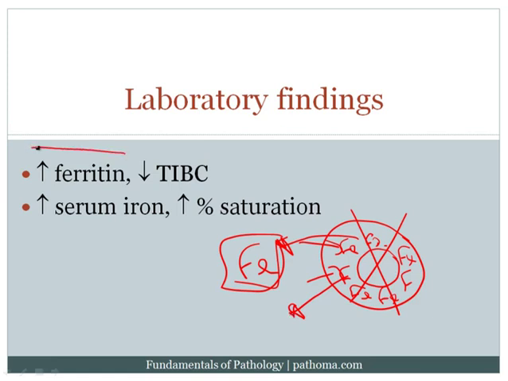These patients have a high ferritin because the bone marrow macrophages are going to store all of that iron that comes off from the dead erythroid precursors, and because the ferritin is high, the TIBC obviously would be low. And then at the same time, the serum iron is going to be high, and because the serum iron is high, the percent saturation would also be high.